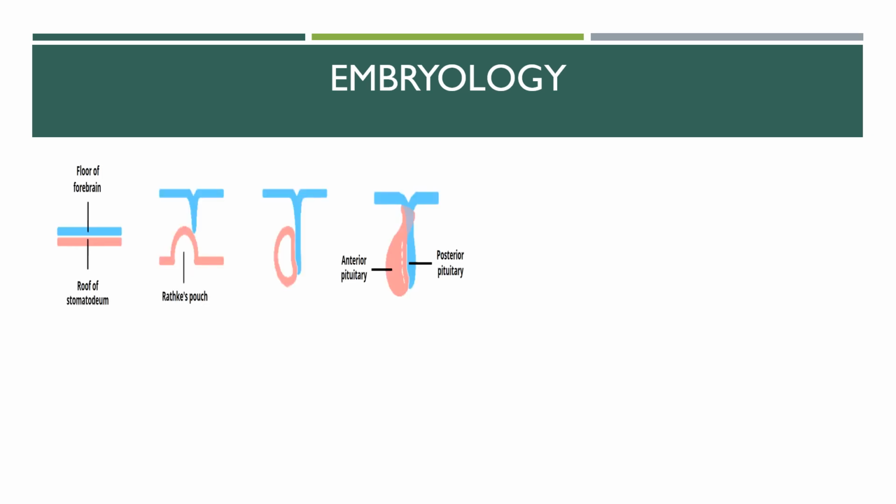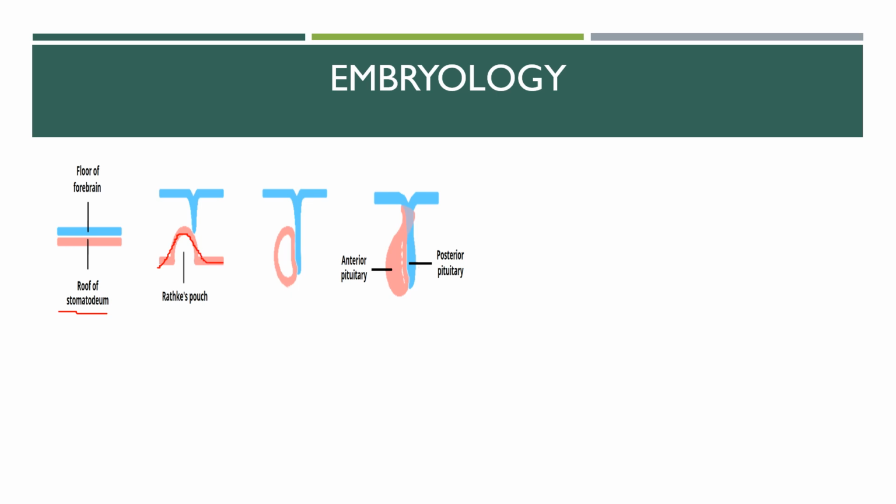Now, development or embryology. Embryologically, anterior and posterior pituitaries develop from different sources. Anterior pituitary develops as an evagination from Rathke's pouch. So this is the roof of the stomatodium from where this Rathke's pouch is taking origin.